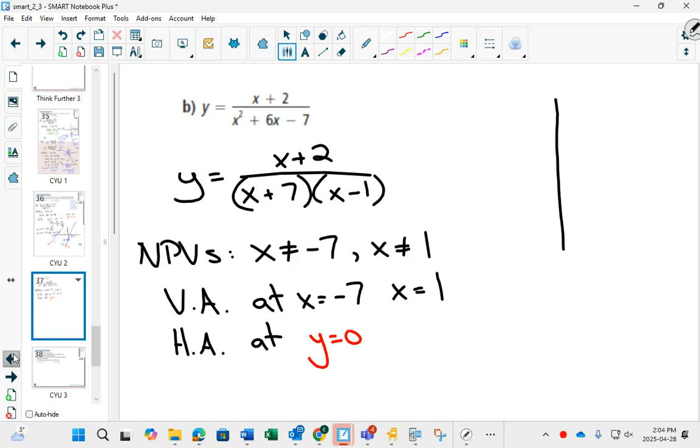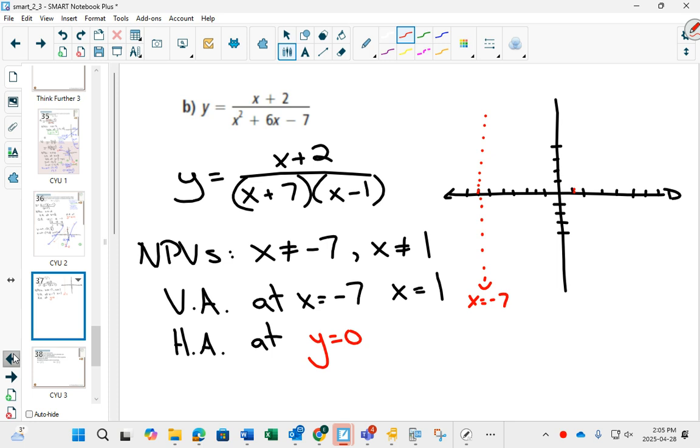So after I've done my asymptotes, I start my drawing. Okay, so I have a vertical asymptote at X equals -7, another one at X equals 1, and a horizontal asymptote at Y equals 0.